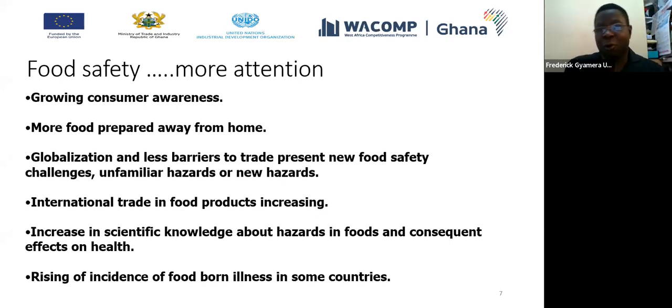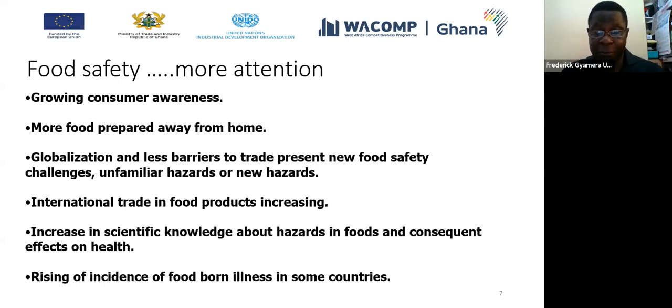Okay, now globalization. We are talking about barriers to trade. And most often the barriers will originate from food safety concerns or challenges. And sometimes we are even unaware or not familiar with the new hazards that have been directly or indirectly injected into the food. For instance, now we are polluting our waters.